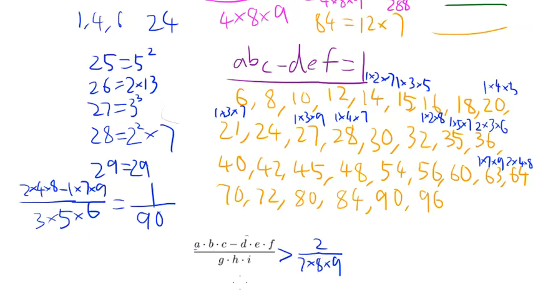Since the denominator is smaller than 7 times 8 times 9.